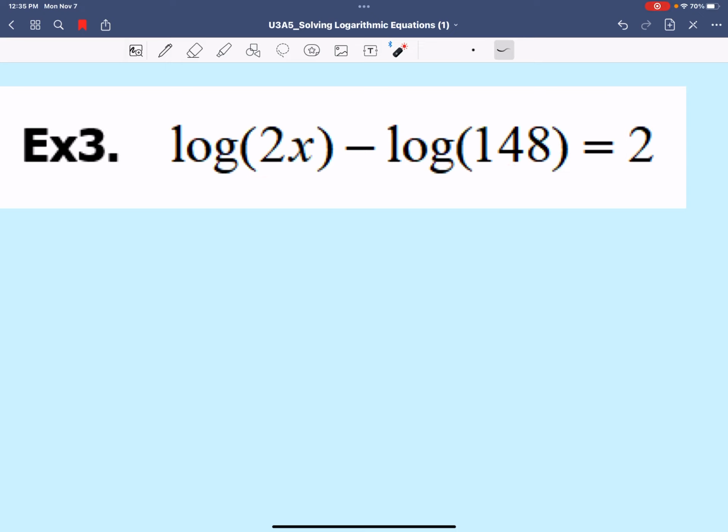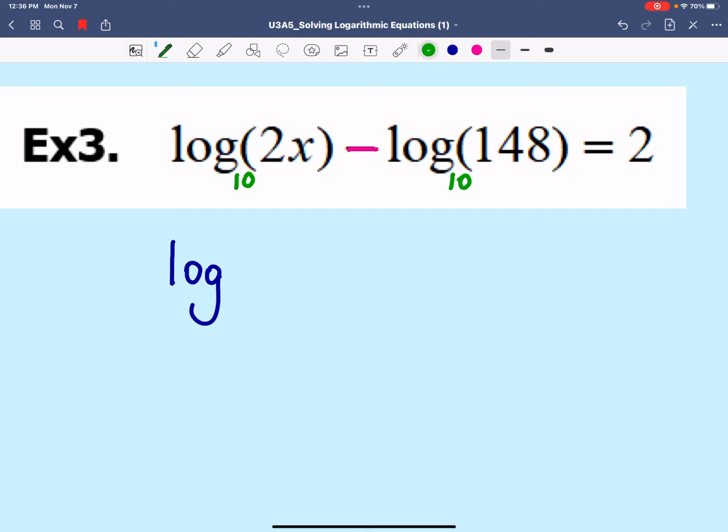This is still a logarithmic equation, so we are going to combine the terms on the left side or combine the log terms together and leave just a number on the other side. Remember that when the base is not written, that means the base must be 10. So since we have subtraction, it means that we have to use the quotient law.